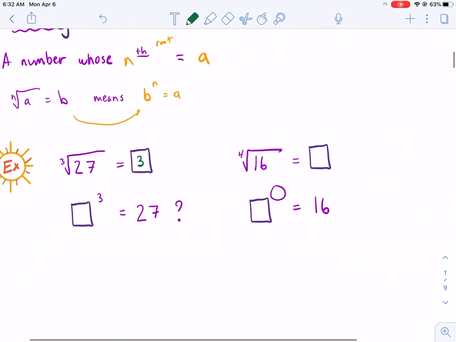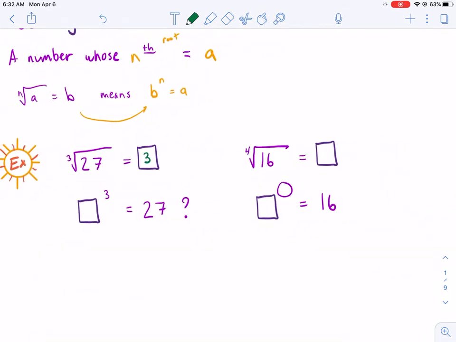Okay, next one. The fourth root of 16. So what times itself 4 times will give you 16? So 2 times 2 times 2 times 2 will give you 16. And a way to break that down is you can say this times this. This times this. That's 4. 4 times 4 is also 16. So the answer is 2.